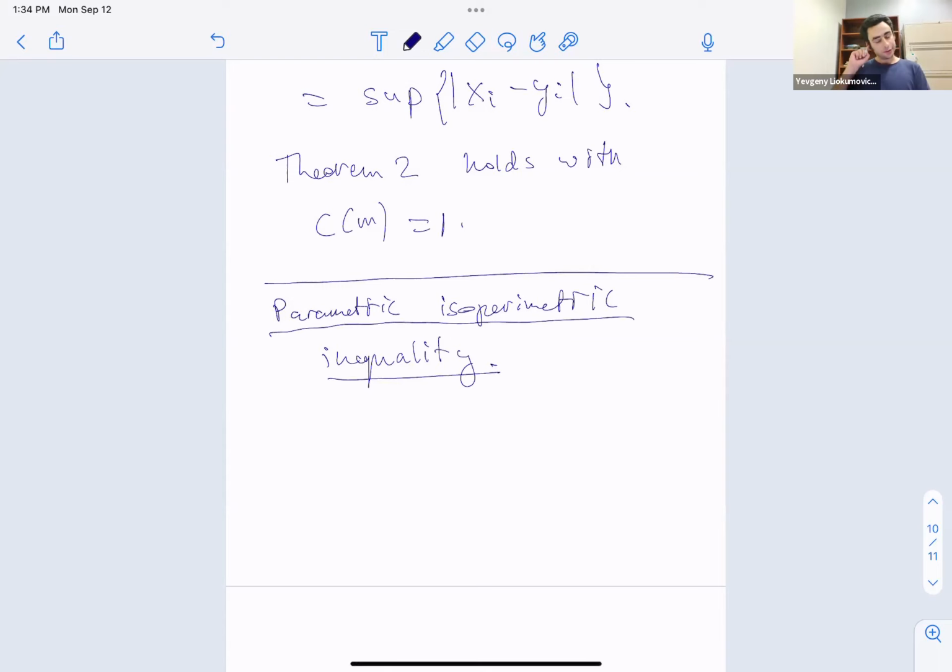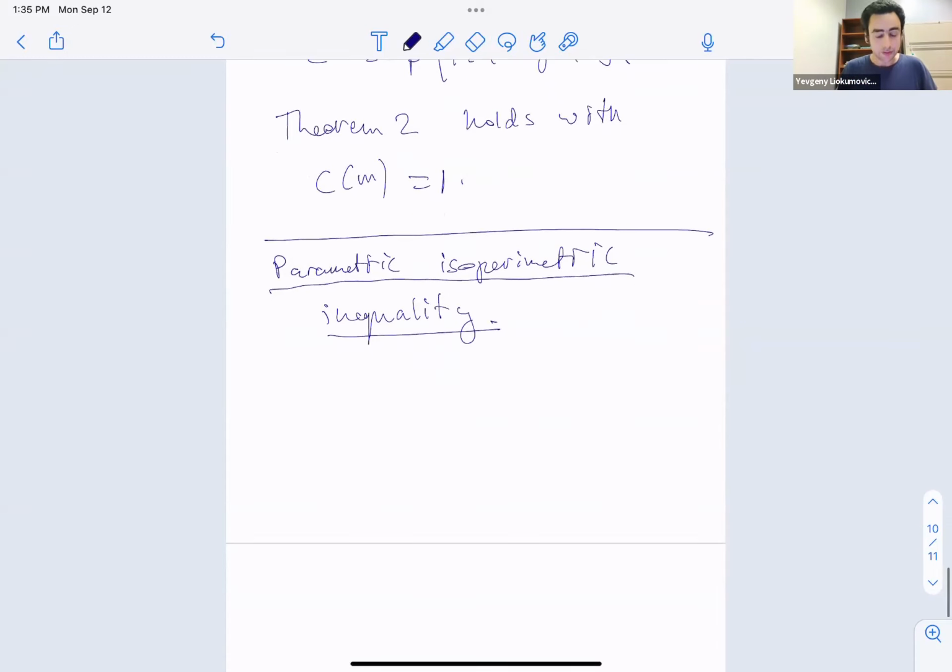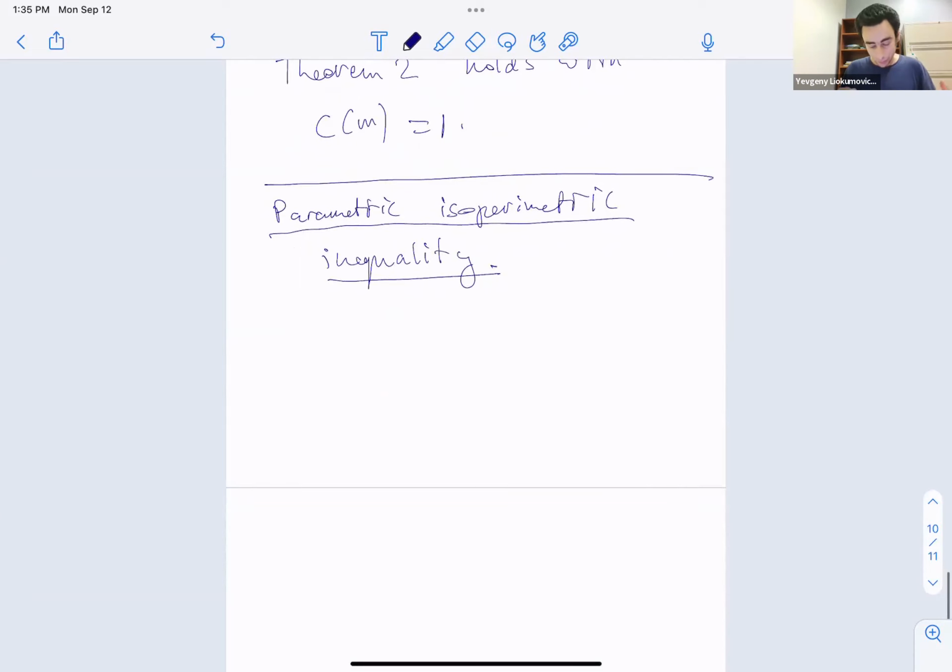Instead of trying to prove the isoperimetric inequality for other quantities, not volume, but other ways of measuring the size of the space, we can consider not one object, but a family of moving objects, and we can consider different ways in which they could move.